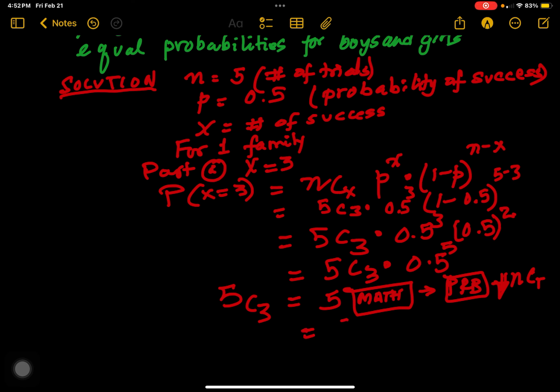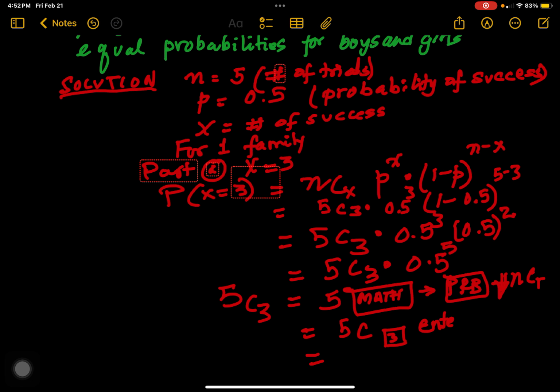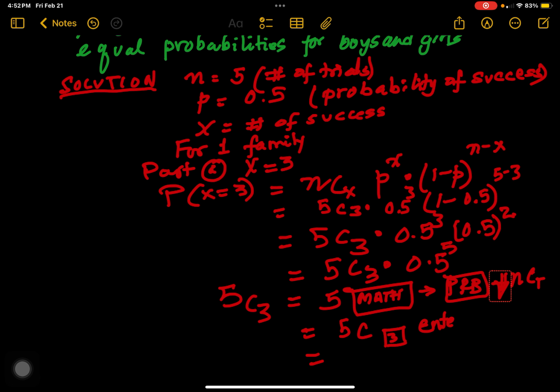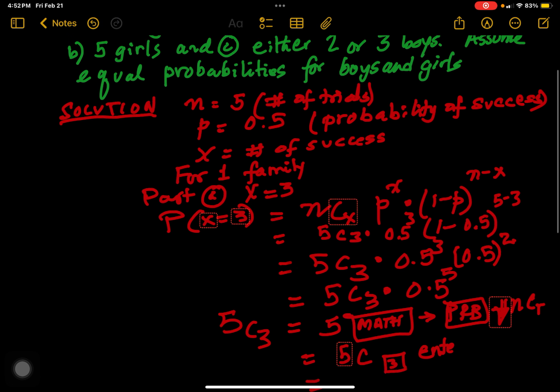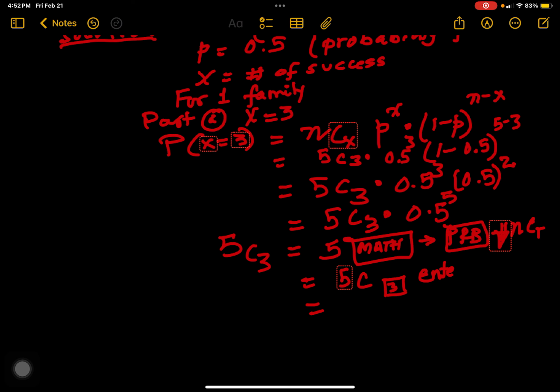On the calculator screen I will get 5 nCr with an empty box, which I fill with 3 and hit enter. That is equal to 10. That is 5C3.